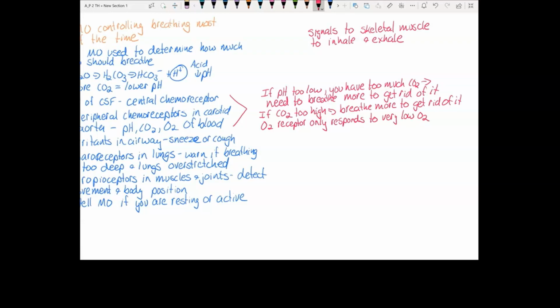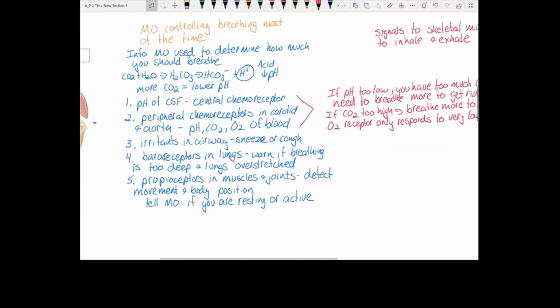In a healthy person, your oxygen wouldn't get low enough to set off that receptor. So we're going to wait and talk about it in a little bit. Okay, so the irritants, remember we said that you have to take a deep breath so that you can sneeze or cough to clear them.